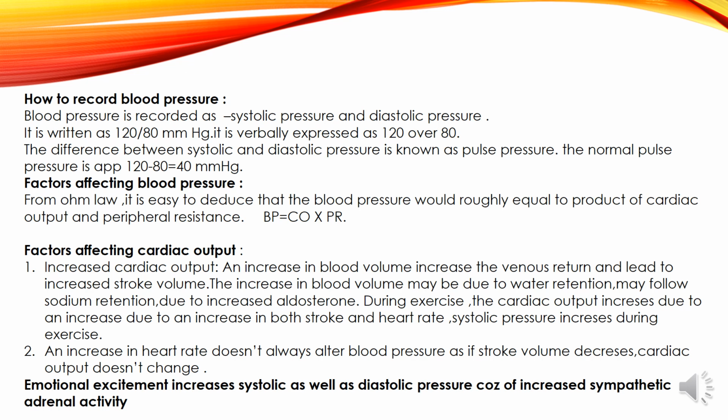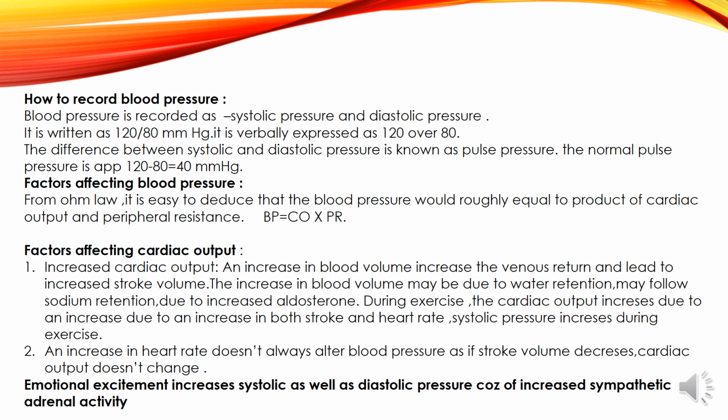An increase in blood volume increases the venous return and leads to increased stroke volume. The increase in blood volume may be because of water retention, when your body retains water due to sodium retention or due to increased aldosterone. During exercise, the cardiac output also increases due to the increase in both stroke volume and heart rate.